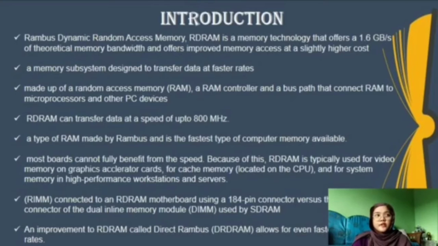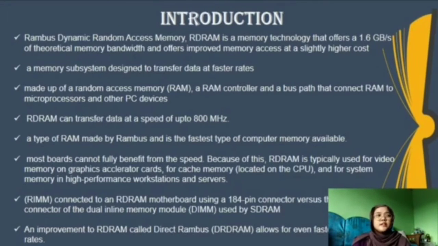It is a memory technology that offers 1.6 GB theoretical memory bandwidth and improved memory access at a slightly higher cost. It is a memory subsystem designed to transfer data at faster rates.